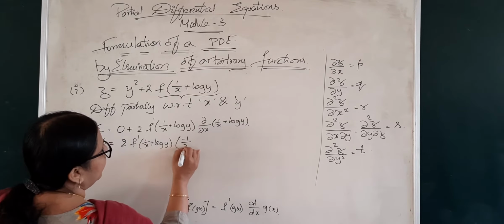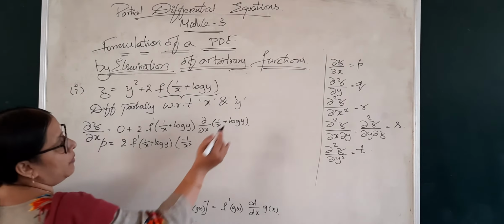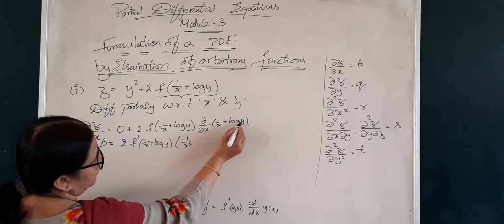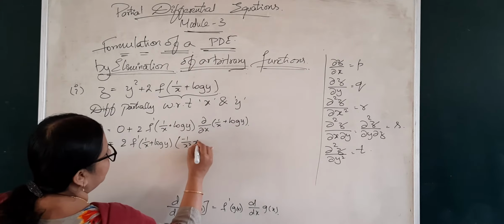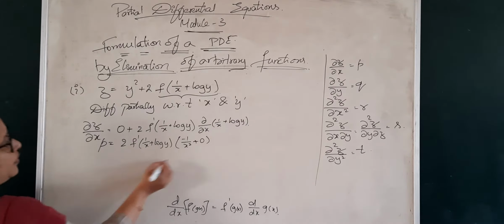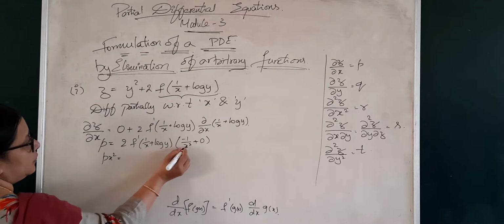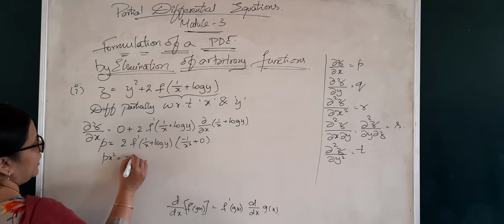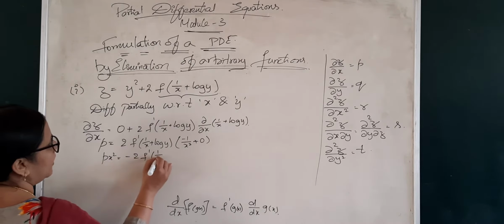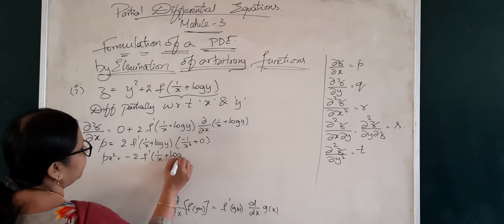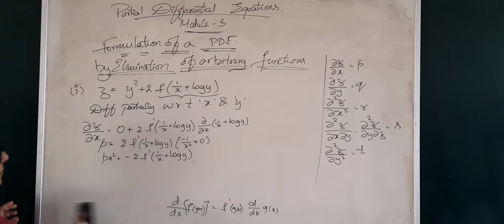This is going to be minus 1 by x square for 1 by x, but log y is treated as constant, and hence its derivative is 0. So rearrange it. We get p x square is equal to minus 2 f dash of 1 by x plus log y. This is the first part.